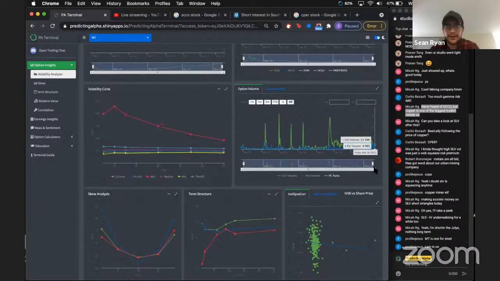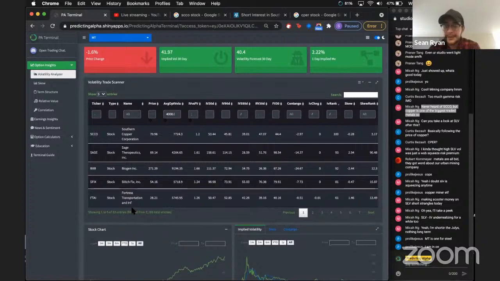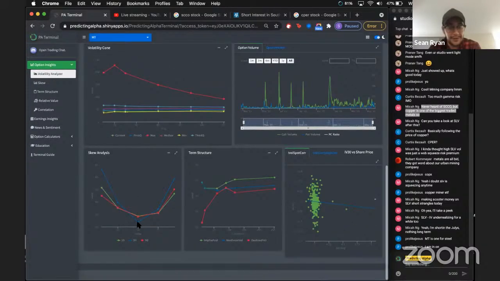There's an okay amount of volume. In the next 30 days, the market's pricing in some pretty serious risk of this thing moving though, man. Have you done research into why this thing's pricing in this kind of a move?